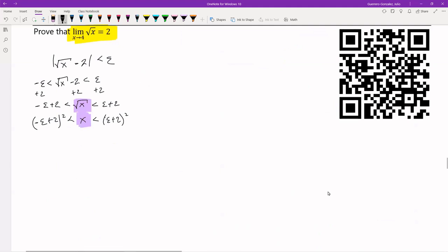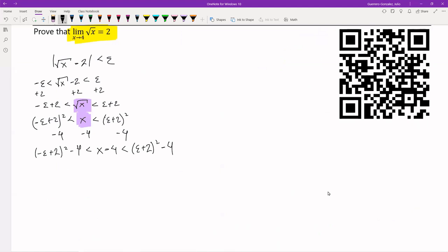The last thing that's left is if I subtract 4 from all of my inequalities, I'm left with this: minus epsilon plus 2 squared minus 4, less than x minus 4, less than epsilon plus 2 squared minus 4.